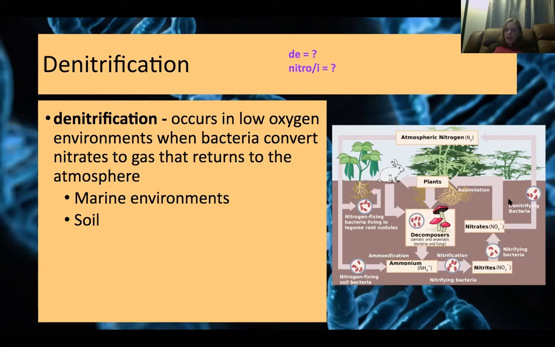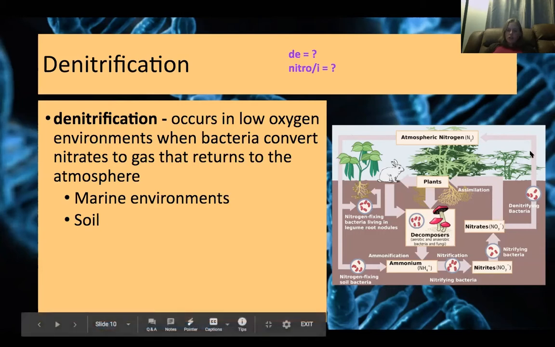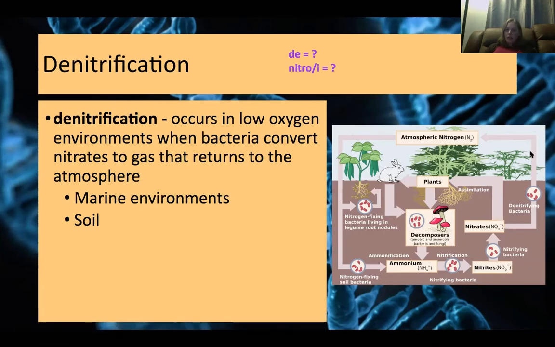They're going to take this nitrogen out of the bodies of these plants, out of these nitrates, and they're going to convert it back into atmospheric nitrogen. So we have this nice little circle going through the nitrogen cycle. And this typically is going to happen in the soil and in marine environments or in watery environments.